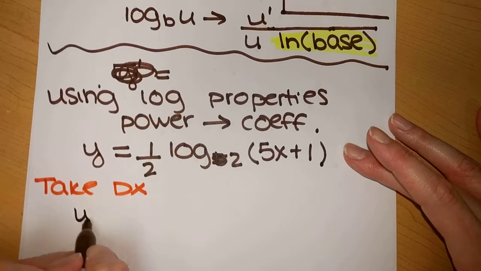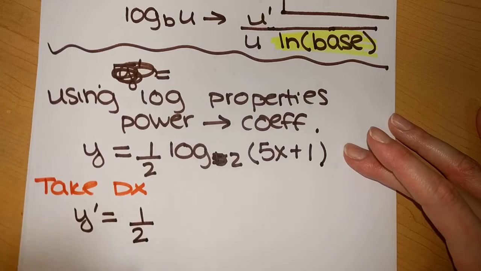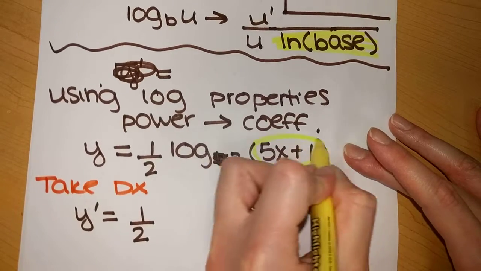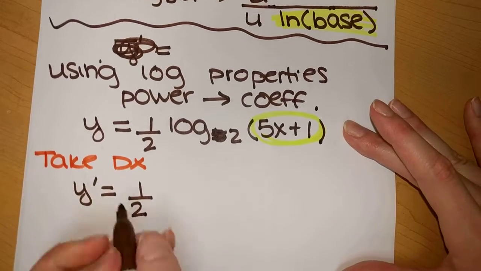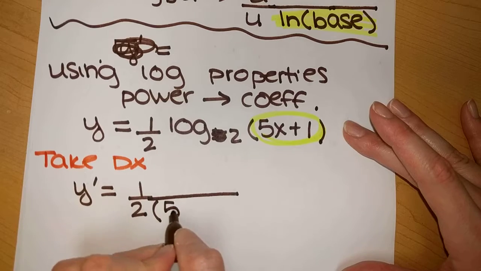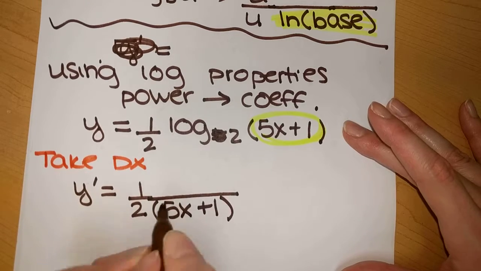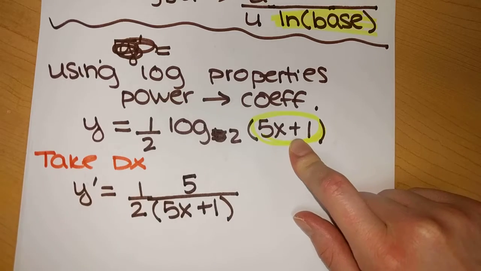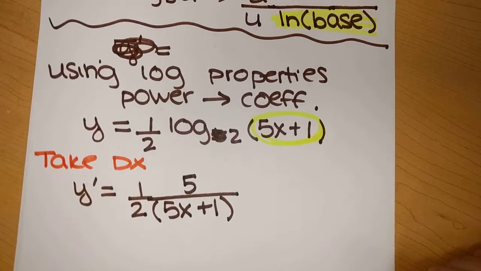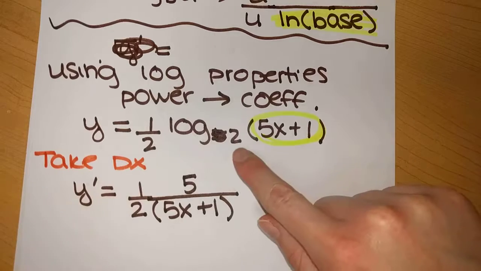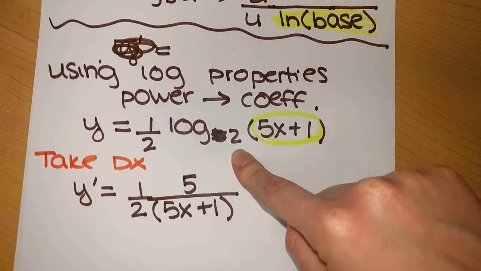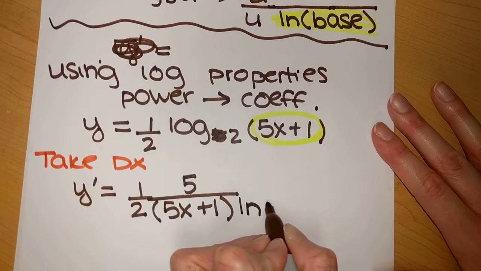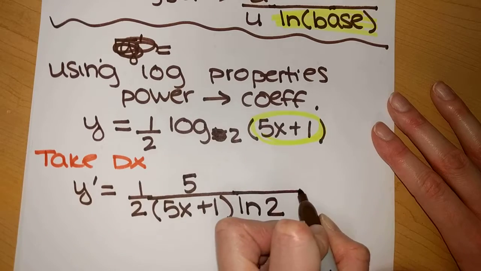and for our derivative, the 1/2 is going to tag along, and then this 5x plus 1 is my argument. So I put that all in the denominator, and then in the numerator, I put the derivative of the argument, which is 5. Now, that would be true if I had a natural log, but because I have a log with base 2, I have to tweak this, and I have to put the natural log of 2 in the denominator.